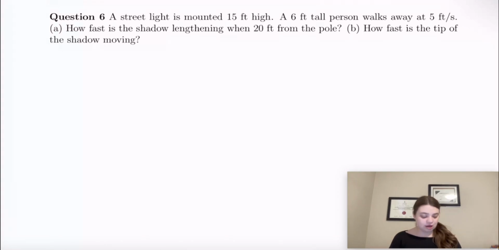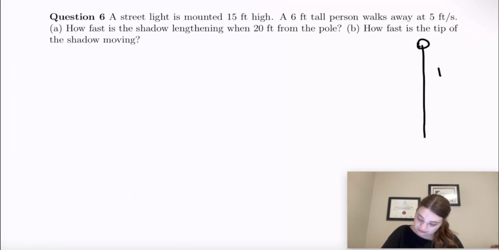Okay, so we'll talk about how to answer both those questions today, but first I'm going to write out what is given here. So we have a street light that is 15 feet tall. So here's our street light right here. Then we have a 6 foot tall person that's walking away at 5 feet per second.